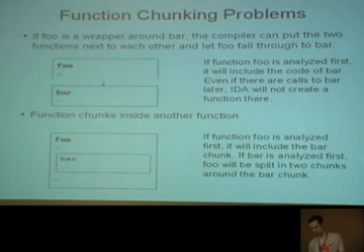The function chunking problems are, I already talked about the fall through, and the fall through creates that problem where if you have two functions, foo falls through to bar, then if foo is analyzed first, IDA will create a function that covers the entire range of foo and bar.